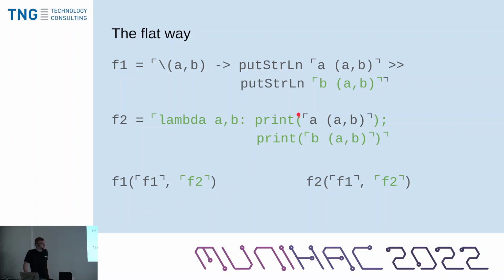Notice that to write this program, we need that in Haskell we are able to form function application in Python, and in Python we need to form function application in Haskell.